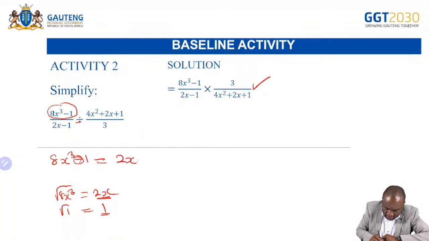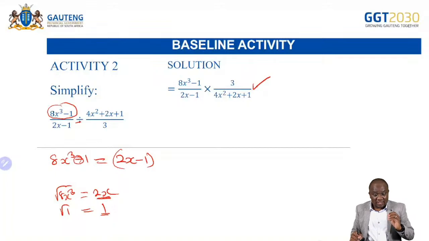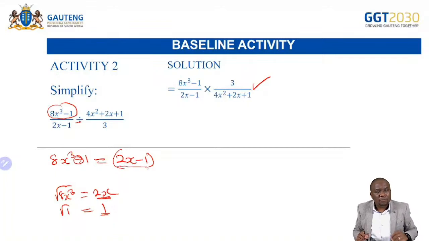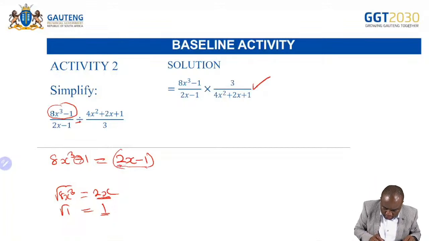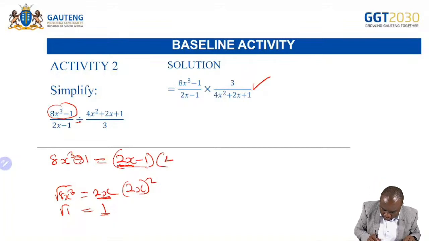It's 2x minus 1. That's our first bracket. Then the second bracket now, we are looking at these two terms, 2x and 1. We need to square 2x. What is 2x squared? It's 4x squared, isn't it? We write our 4x squared.